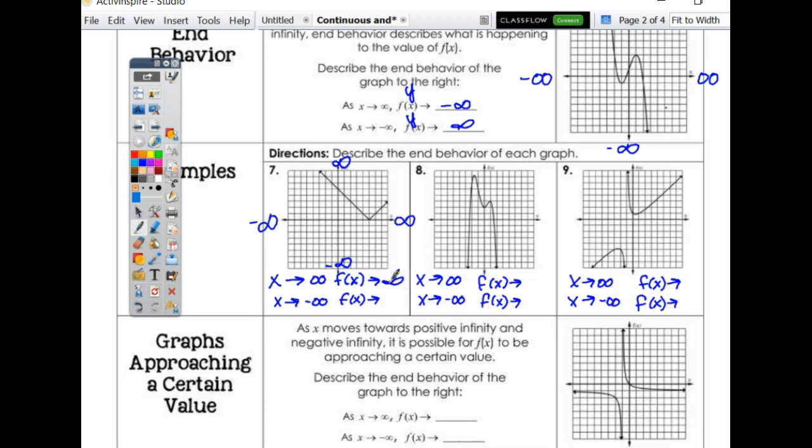As x goes to negative infinity, what is my y doing? It's also going to positive infinity. So this time, as x goes to infinity, what is my y doing? This time it's decreasing, so it's negative infinity. As I go to negative infinity for the x's, the y is going to negative infinity.